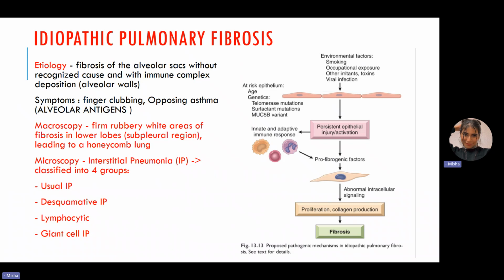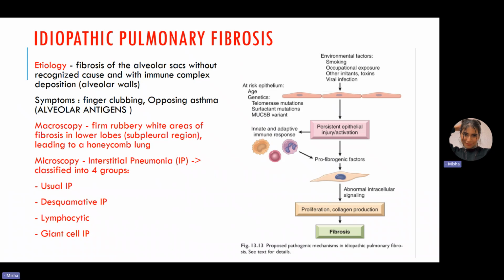Then we have giant cell interstitial pneumonia, which occurs after inhalation of fumes originating from hard metal alloys. Okay, so these are basically different types of interstitial pneumonia occurring in this particular disease, right? So patchy fibrosis can be seen, right? So you can mention these as well.